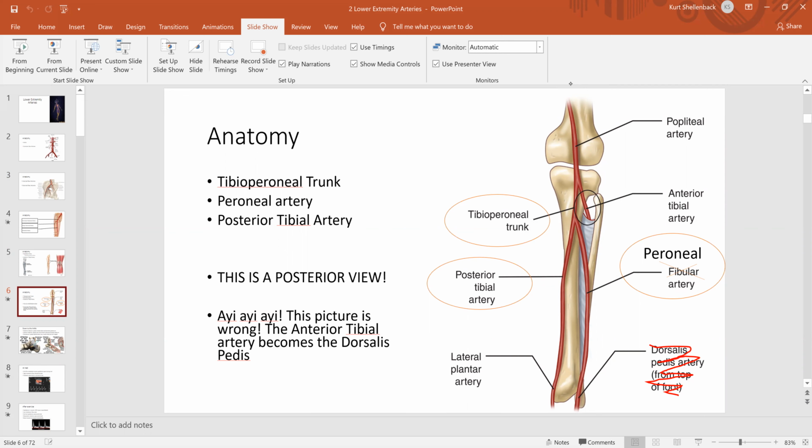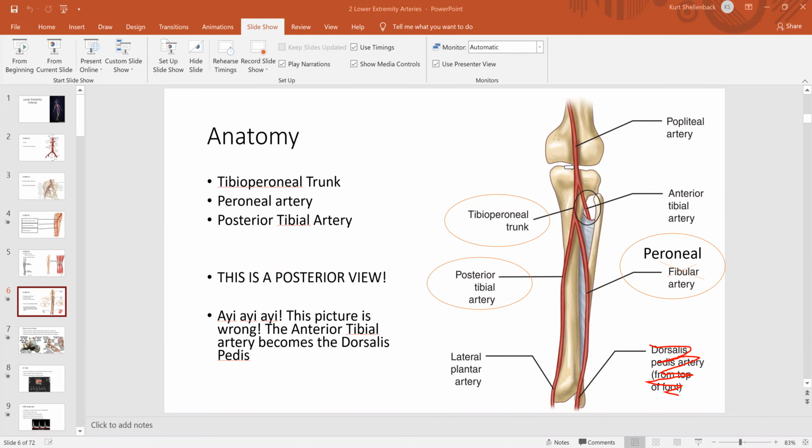So we've come down from Hunter's canal. We've become the popliteal artery here. You know, I can't trust that you even see that. Let me try this again with another. Oh, the arrow comes down. Okay, that you should probably see.